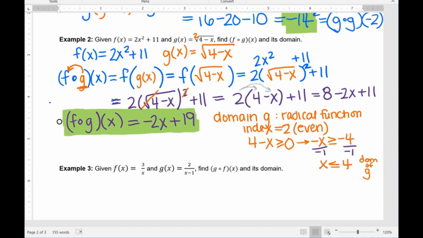After we find the domain of g, we can look at the domain of f composed with g. Okay. We know the end result is a polynomial, but we look back through our work. Did we have any denominators that weren't accounted for?